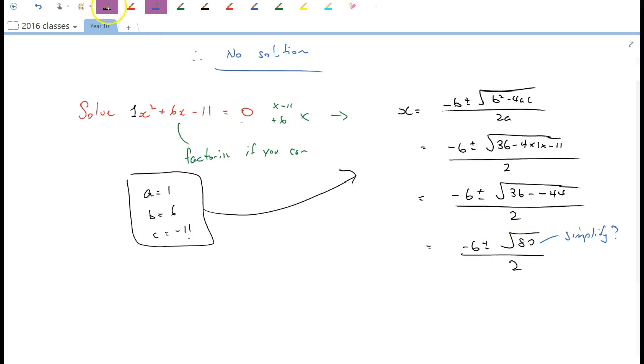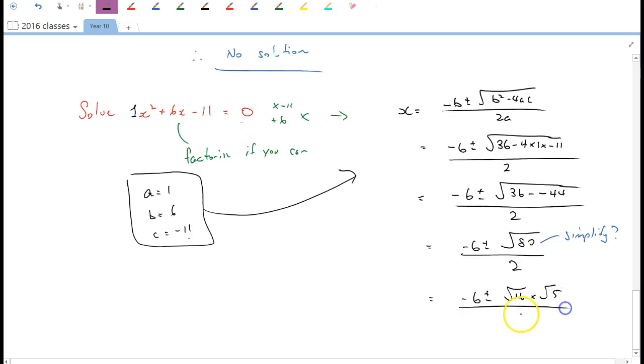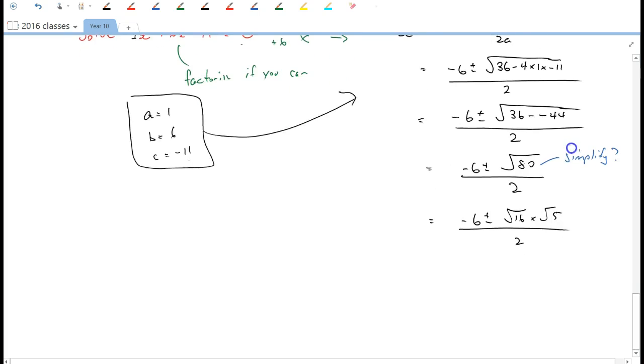So the square root of 80 is the square root of 16 times 5. The square root of 16 is 4, so we get 4 root 5.